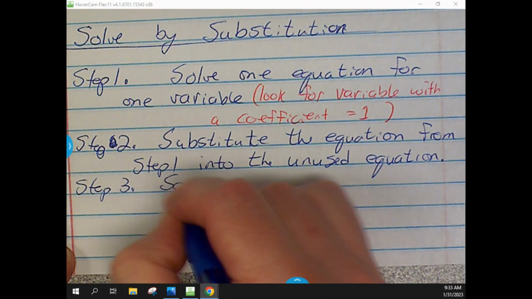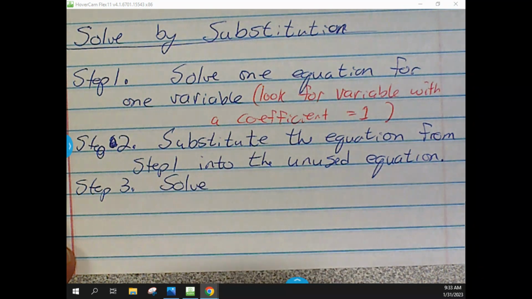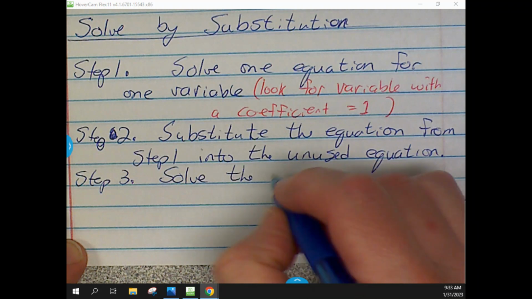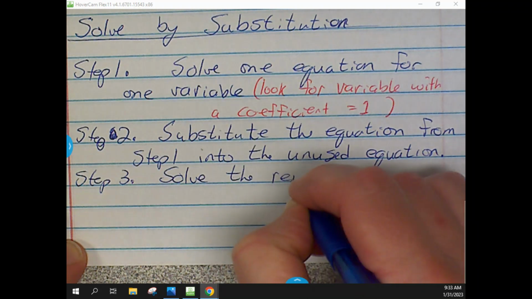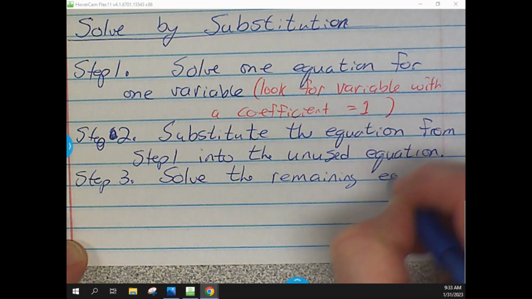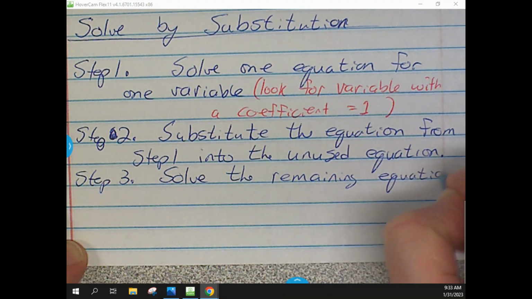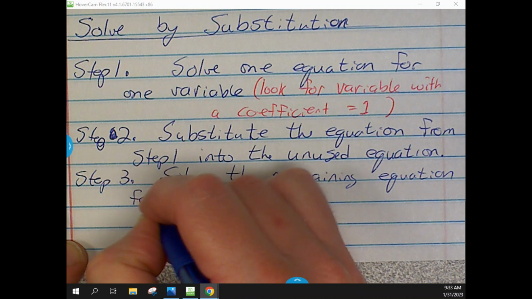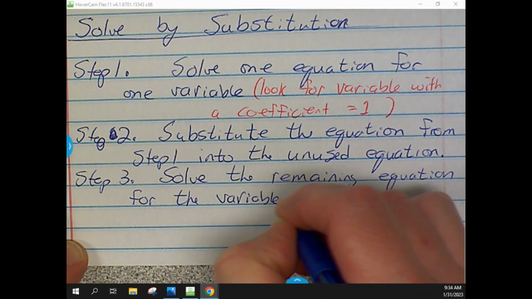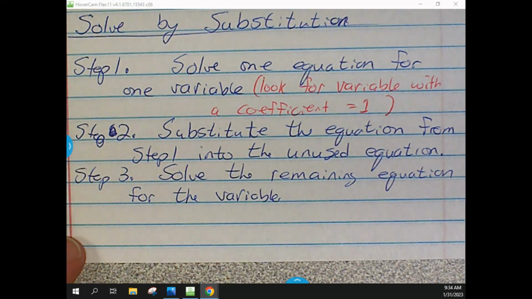Now you're going to solve the remaining equation for the variable. Because now that you've plugged in, or done the substitution, instead of having x and y, you're going to have either all x's or all y's.